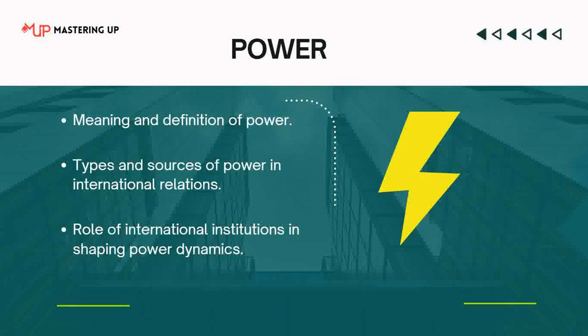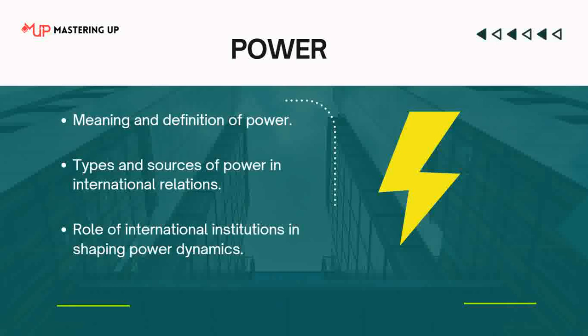For example, the United States has a large military power, and the United States has used this military power to intervene in different conflicts in the world. Conflicts that have occurred in Afghanistan, in Iraq, in Iran, and other countries. The United States has also made use of its military power to maintain its strategic presence in the Asia Pacific region.